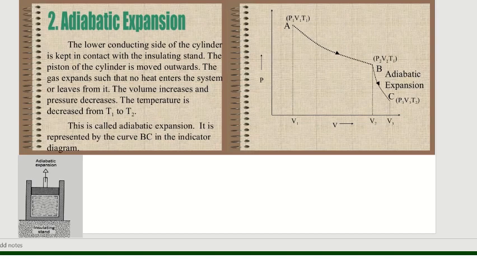And in adiabatic expansion, pressure decreases from P1 to P3, volume increases from V1 to V3, and temperature also decreases from T1 to T2. This is about the adiabatic expansion.